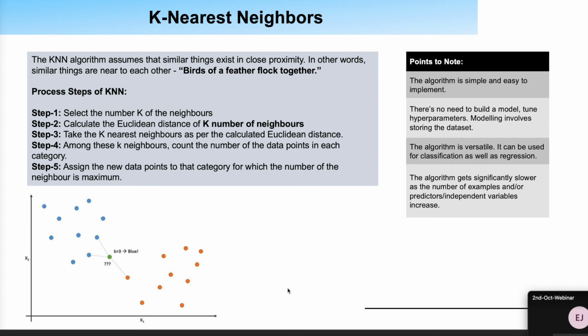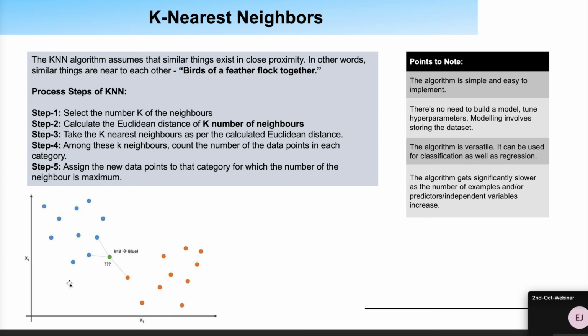Now, what is the downside of this? The other funny side is that there is no model you are building here, right? The model is essentially the whole data set, and that is the downside. If you have a huge data set, it actually memorizes the entire data set, because for every new data point you have to calculate the Euclidean distances from the entire data set, with all observations.